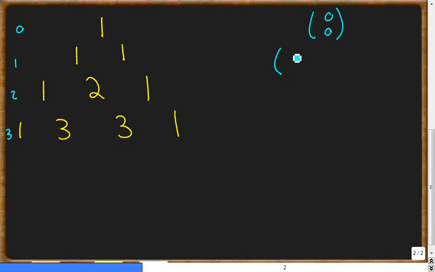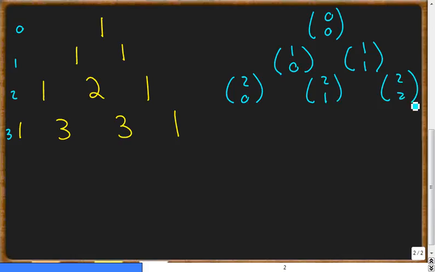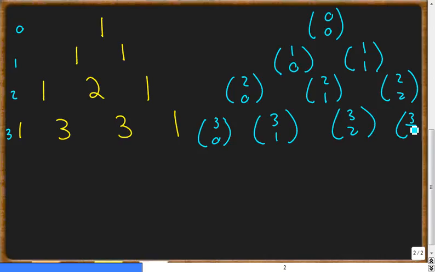This is 1 choose 0, and this is 1 choose 1. This is 2 choose 0, 2 choose 1, and 2 choose 2. And this is 3 choose 0, 3 choose 1, 3 choose 2, and 3 choose 3. And so this is the pattern for how all of these numbers work.